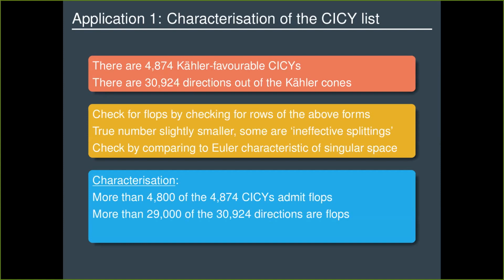You also find that essentially all of the directions out of the Kähler cone are flops, more than 29,000 out of about 30,000. So the conclusion is that these non-ambient flops are not only possible, but they seem to be very much generic in the set of CICYs.